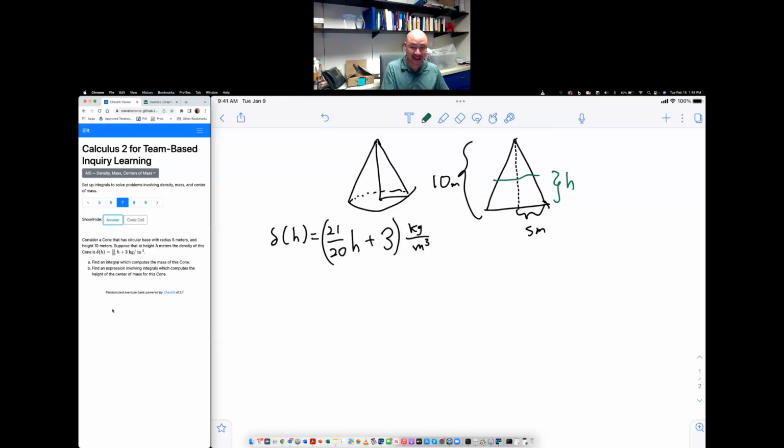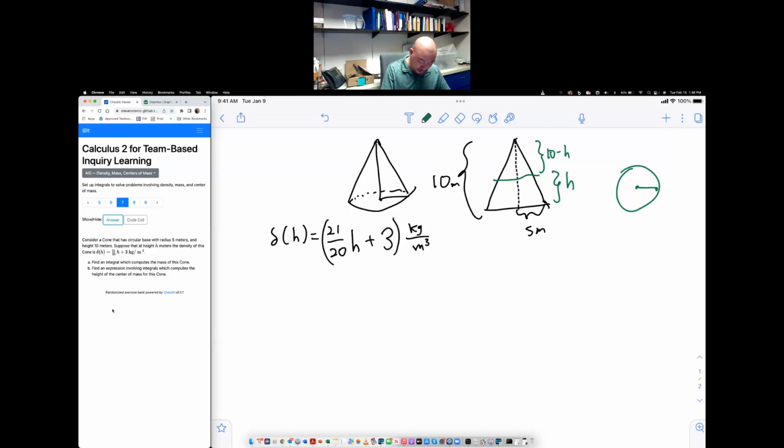and I slice here at height h, that's going to be some sort of circular cross section, and I want to know what the radius of that cross section is going to be. So what I know is that when this height is h, the height of the remaining triangle that I cut off, the top part of that, is 10 minus h.